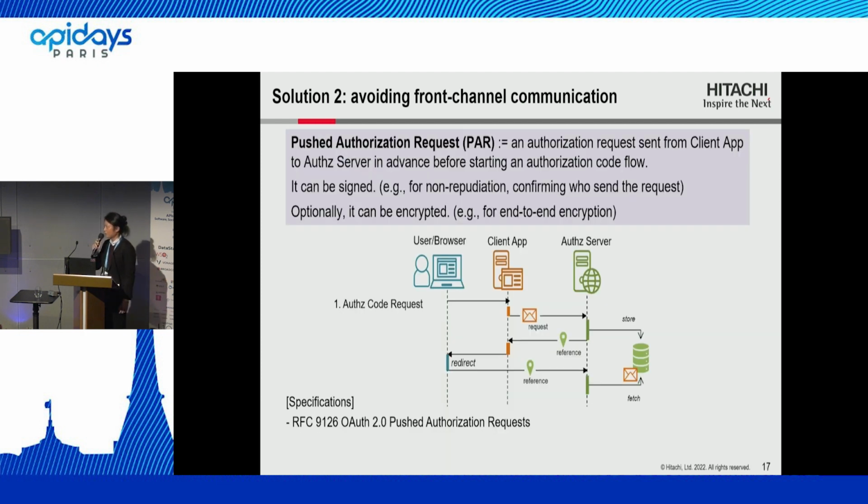To say more precisely, FAPI security profiles describe using the pushed authorization request, called PAR, defined by RFC 9126. By following this PAR, the client application can send the content of the authorization request directly to the authorization server.